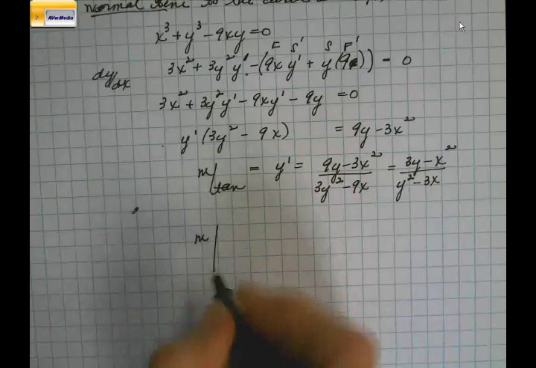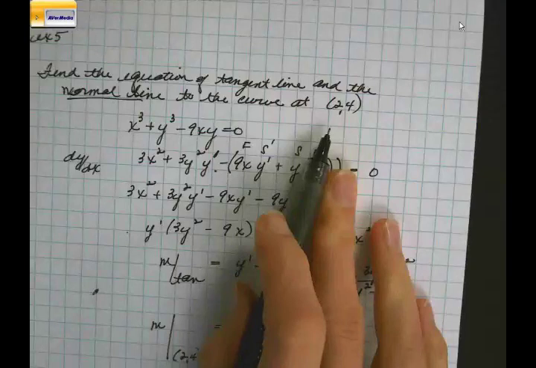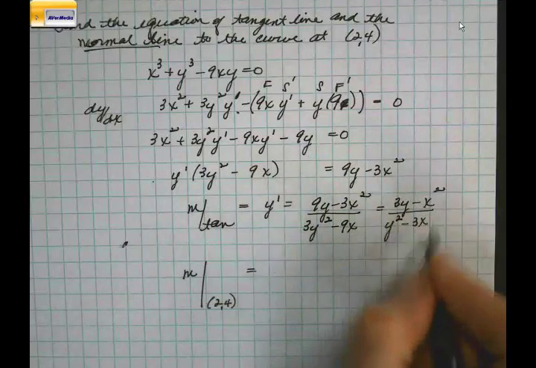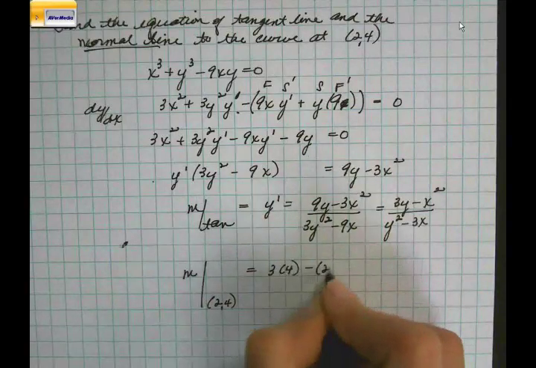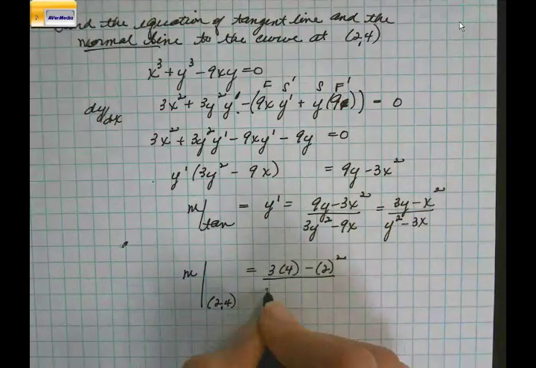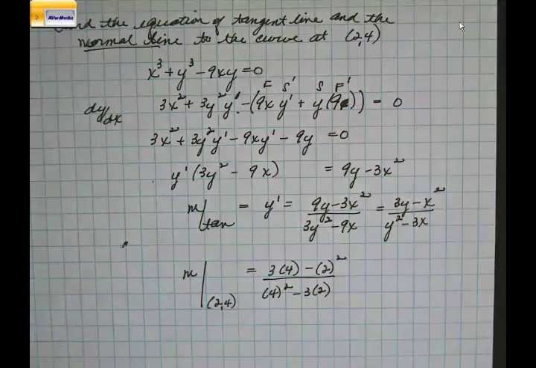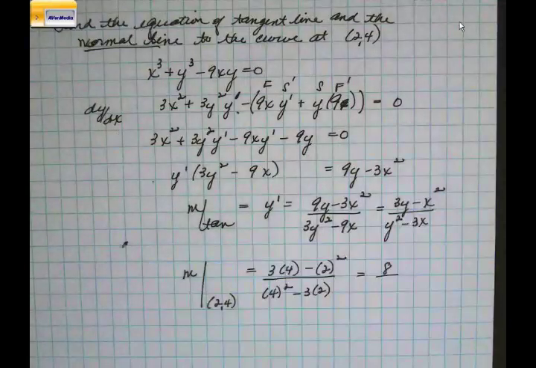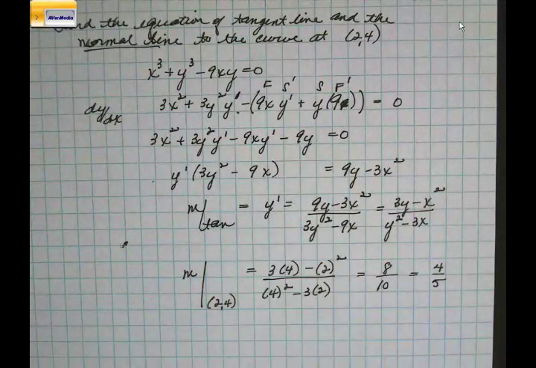So the slope of the tangent line at the point (2, 4), because that's where they asked me to do this, using this 3y minus x squared stuff, is 3 times a y value of 4 minus 2 squared over y squared, which is 4 squared minus 3 times 2. So it's a 12 minus 4, which is 8, over a 16 minus 6, which is 10. So this is 4/5. That's the slope of the tangent line to the curve at the point (2, 4).